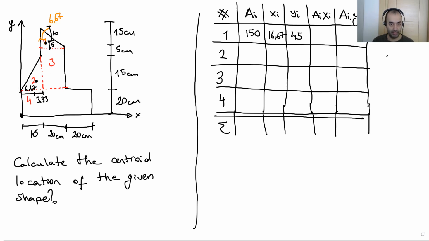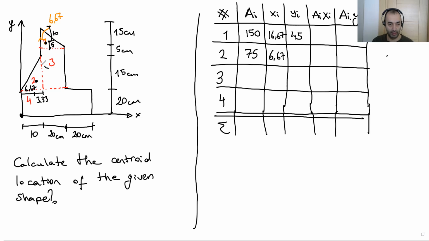Okay, let's calculate the area first. Area is 10 times 15 over 2. I think it's easy for you. Yes, 75. Xi is here. This distance 6.67. Okay, let's do yi.